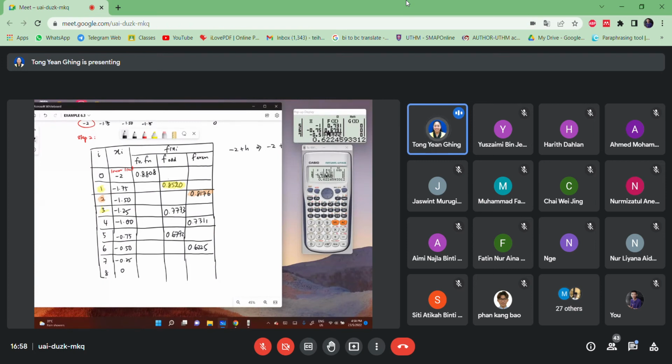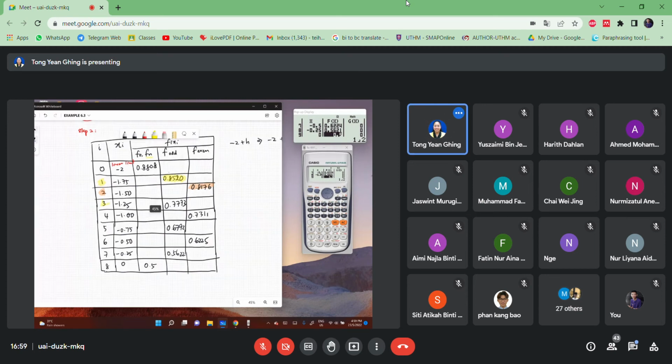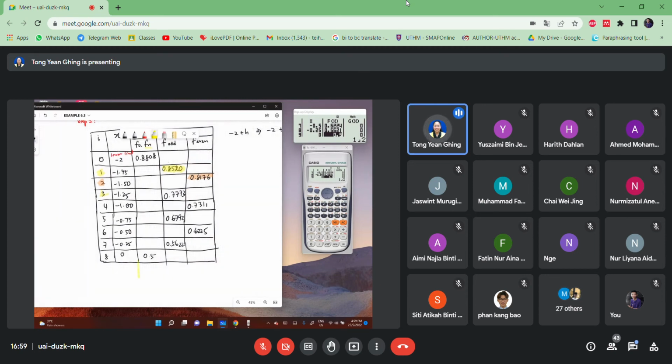If I'm wrong, let me know. And then the next one, this one, 0.5622. And the last one, I will put in this column, 0.5 here, because this one is the last f(n).